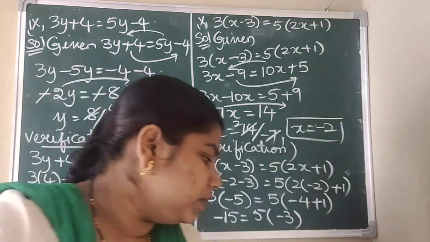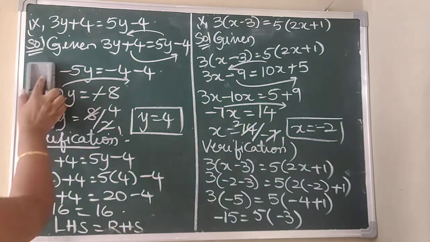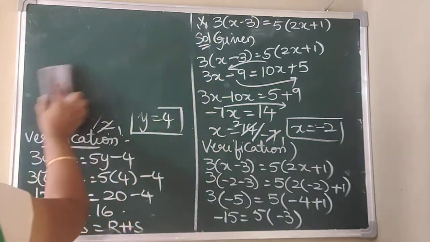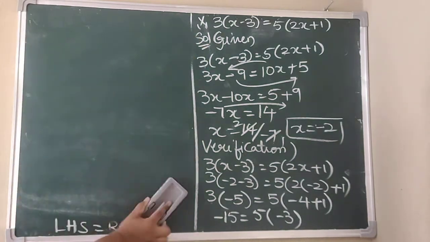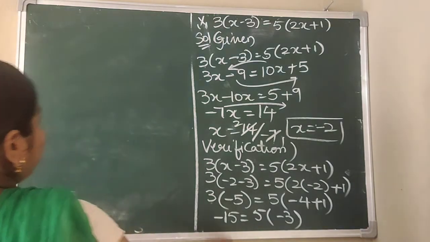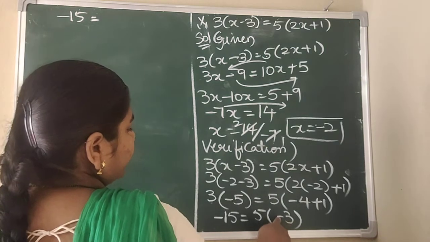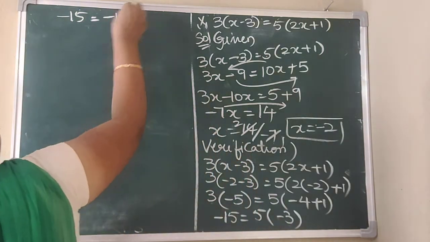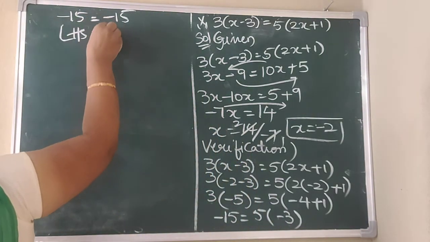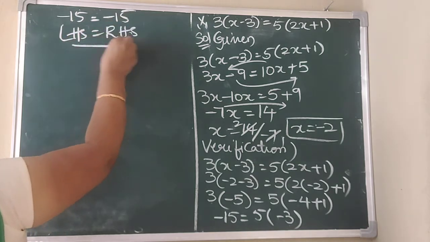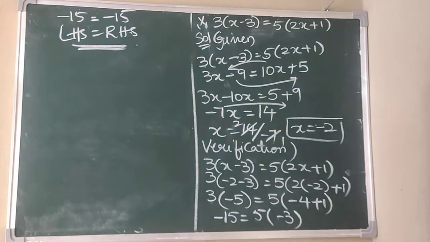So minus 15 is equal to 5 into minus 4 plus 1, which is minus 3, 5 threes are 15, minus is there, so minus 15. So we got the LHS part equal to the RHS part. So this is our exercise 2 second bit.